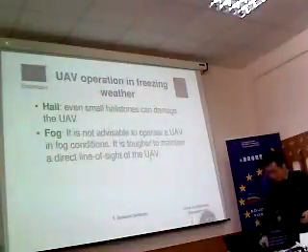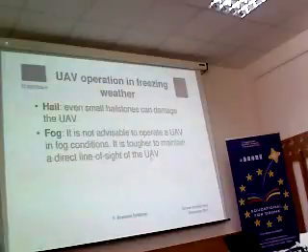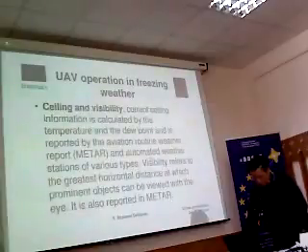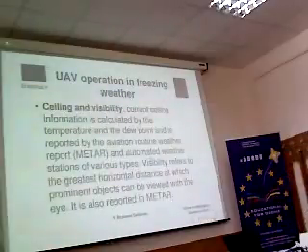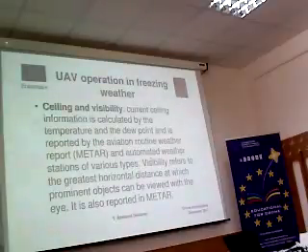So hail, even a small hailstone, can damage the UAV. The fog will affect the drone's vision. The ceiling and visibility: current ceiling information is calculated from the temperature and the dew point, and is reported by the aviation routine weather report and automatic weather stations of various types.